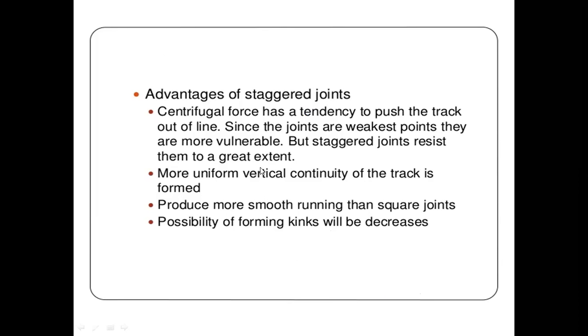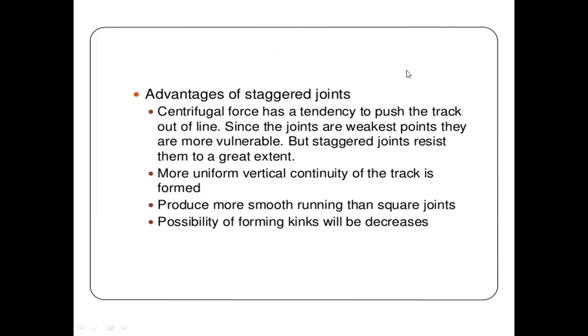For the staggered joint, if a joint appears here, then for the same track the joint is at the center of the parallel rail. So the other joint may be here itself.